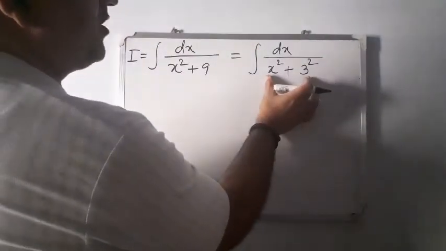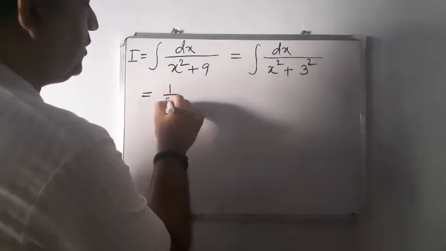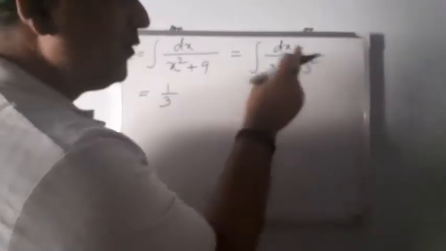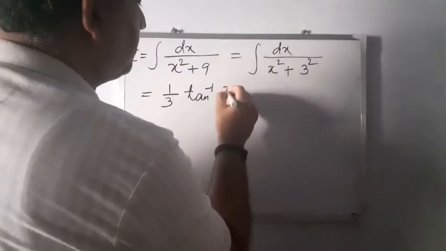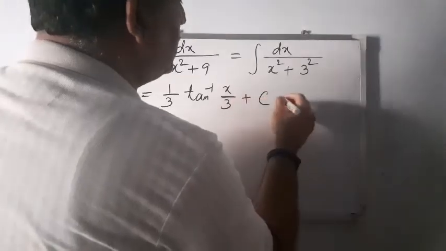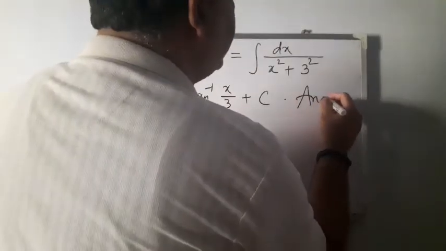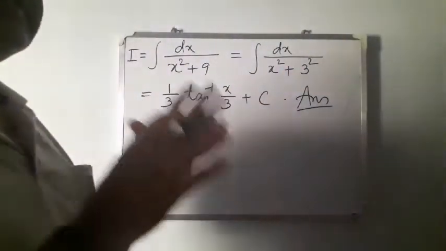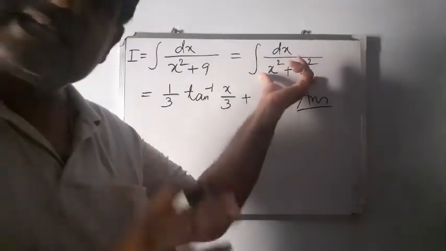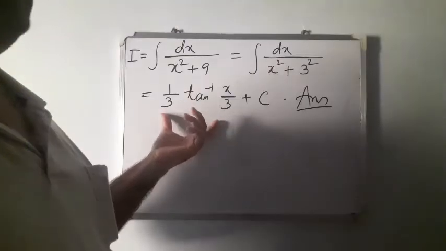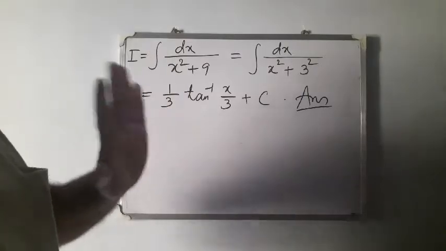Now it is of the form x square plus a square, and the formula is 1 by a, that is 1 by 3, a is equal to 3. You can observe 1 by a tan inverse x by a, that is x by 3, and then plus c. So this is your answer. Simply you have to reduce your integral to the desired form, one of the 6 formulae, and after reducing the integral to those formulae, you are able to apply the formulae directly to write your answer. So in this way we will try to solve the problems.